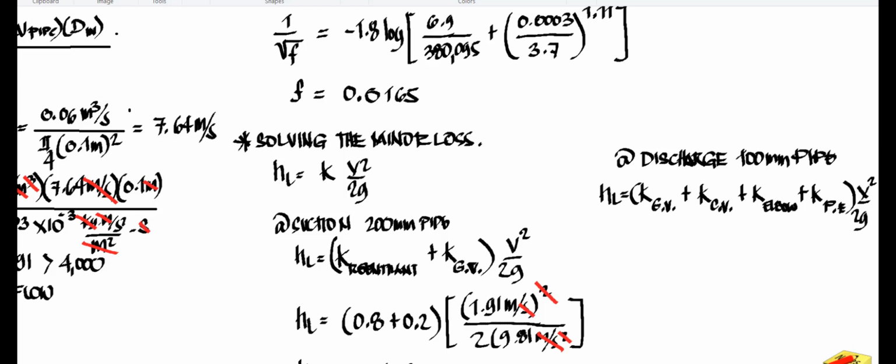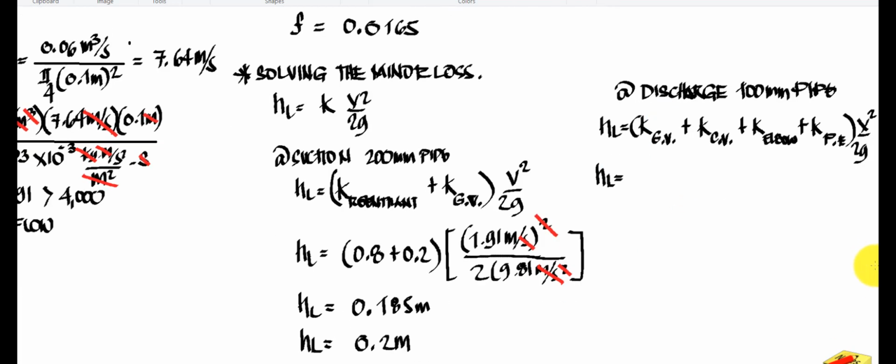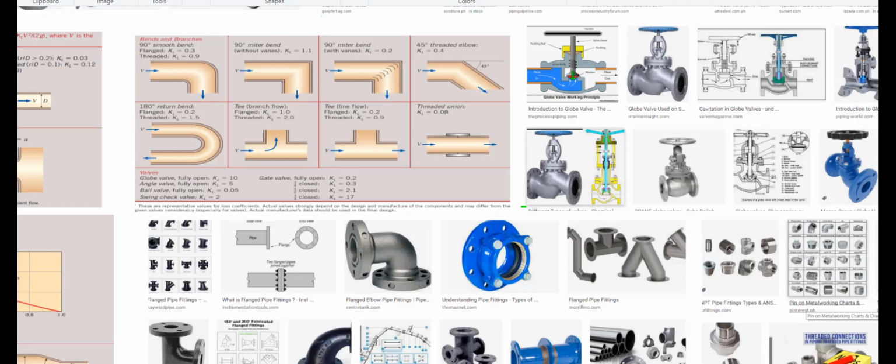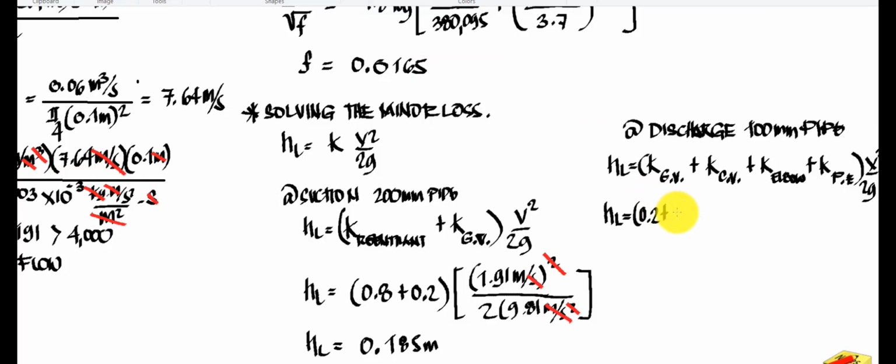So we have now your head loss is equal to K of the gate valve, fully open, so it's the same value we're using here. It will be 0.2. Then plus the K of the check valve, referring to the table. You will notice here, swing check valve has a KL of 2. So we have the value of 2 here.